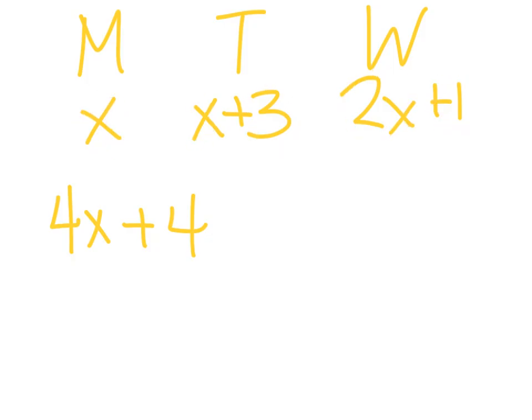It says total number of hours is 2 more than 5 times the number of hours worked on Monday. All right, 2 more, that's a plus 2. More than 5 times the number of hours on Monday. Monday was x, so 5x. So I think you have that. You have that equation where they equal each other. And this one, since they want to know what Monday is, you find x and you will have Monday.